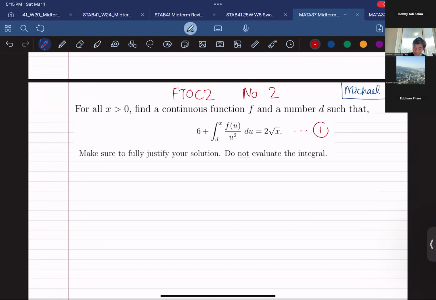Okay. What we can do is define another function inside it. Let's call it the function g. The function g contains the thing inside. Okay.